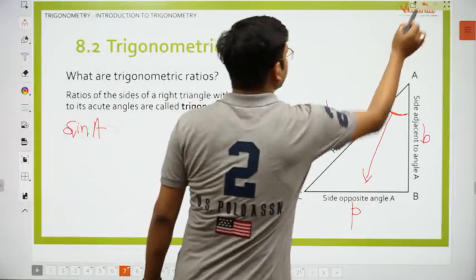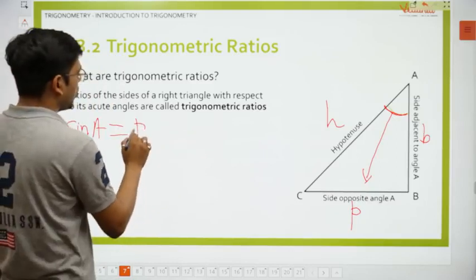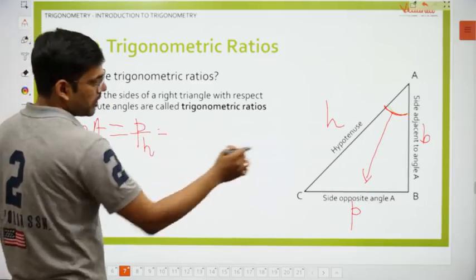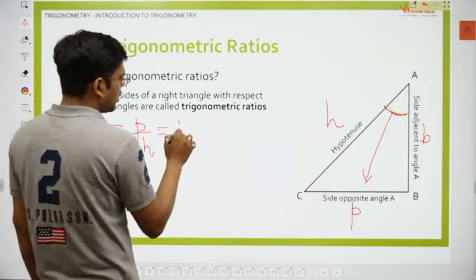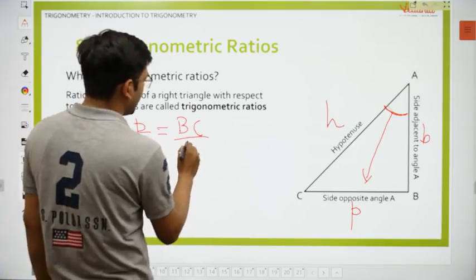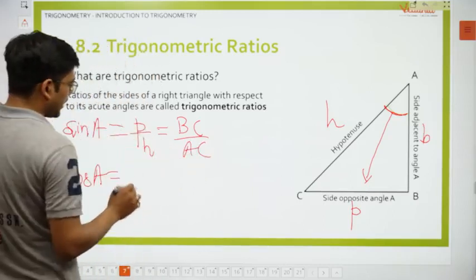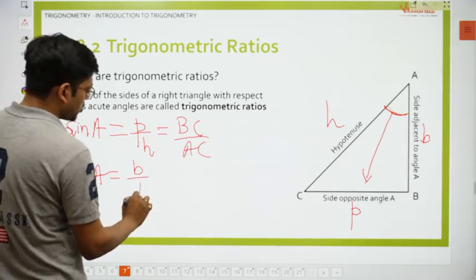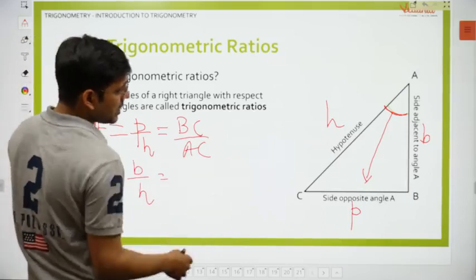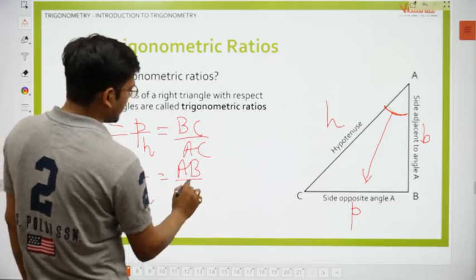Sine A will be perpendicular upon hypotenuse. So what is the perpendicular? It is BC upon hypotenuse AC. Similarly for cos A, I can write base upon hypotenuse. What is base? Base is AB and hypotenuse is AC.